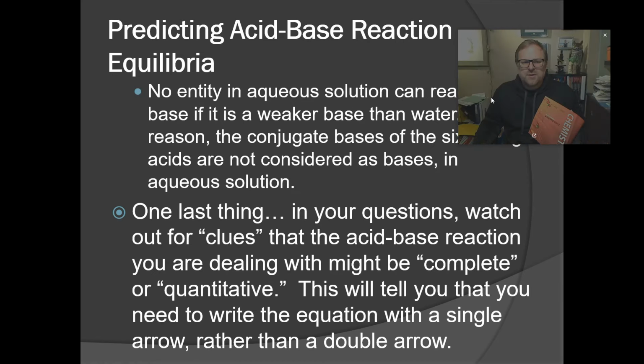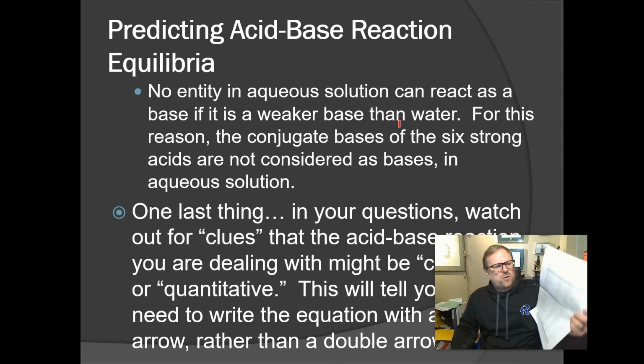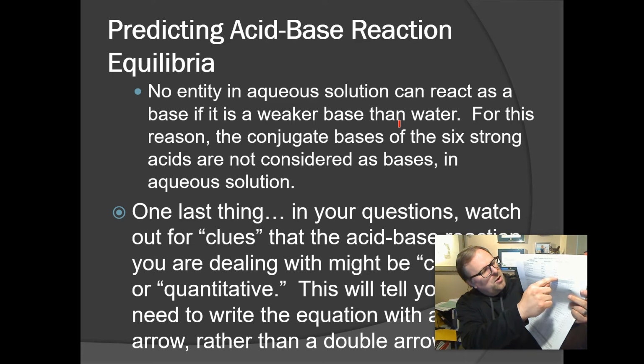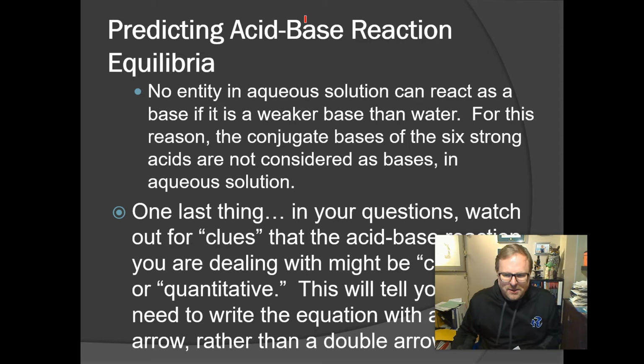No entity in an aqueous solution can react as a base if it's weaker than water. That's what I said a few moments ago. None of these are considered to be bases. If you're on the base side and going above water, none of these are basic. Water is your weakest base.